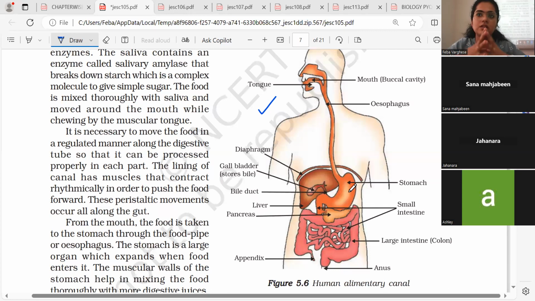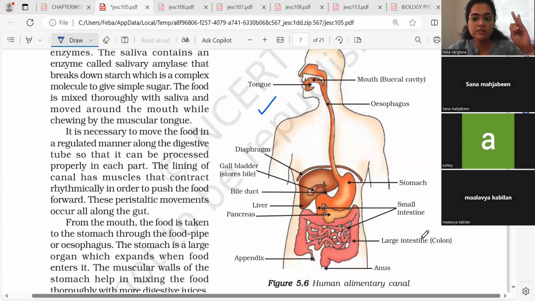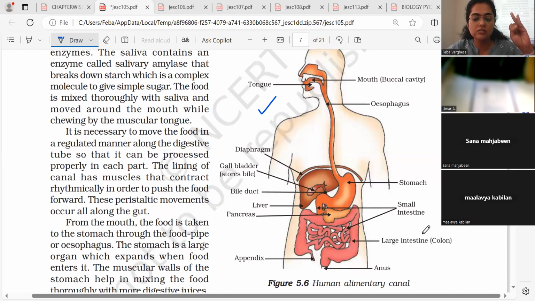What are the contents in the gastric juice? There is HCl, then there's pepsin, and mucus. It mainly disinfects our food.